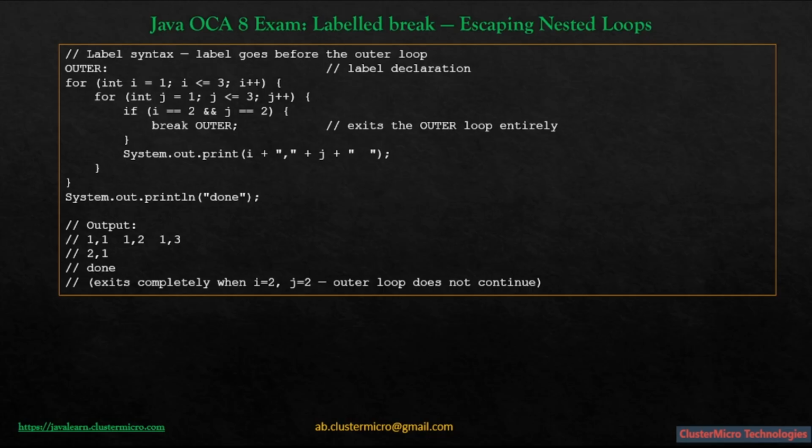So once the break outer executes, Java exits the entire outer loop, so the loop does not continue with i equal to 3. This appears very frequently in the OCA exam, so you have to be careful. You may be shown nested loops with a label and asked to determine the exact output that is produced.